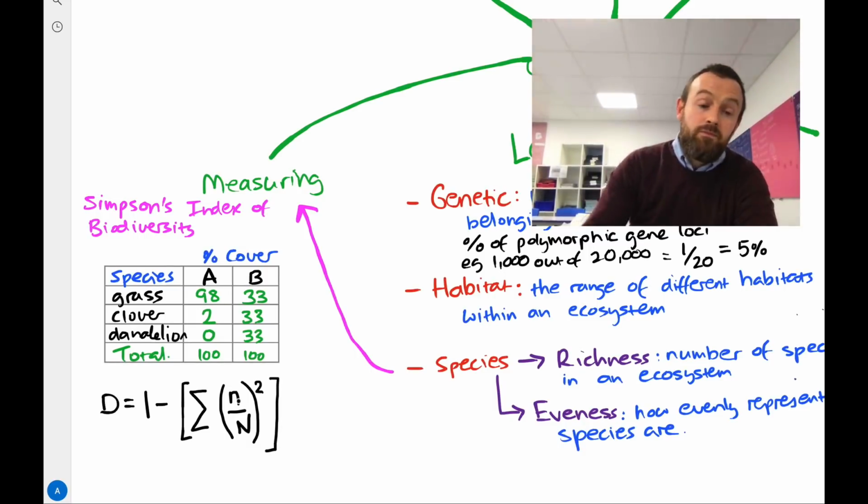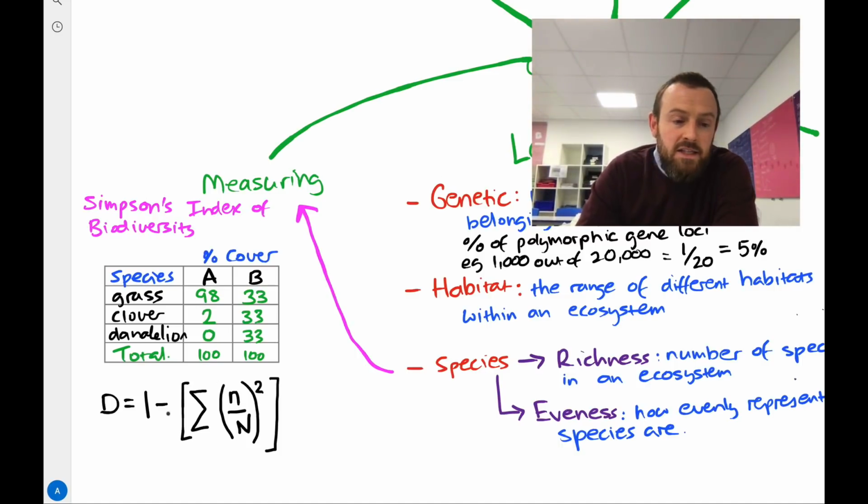So what this means in terms of percentage cover is it's 1 minus the sum of basically the percentage covers squared.